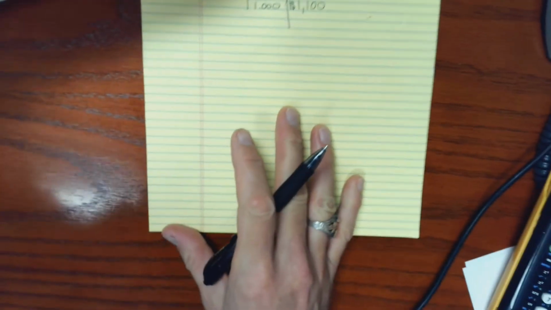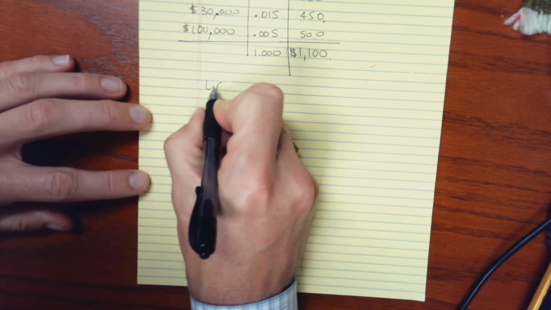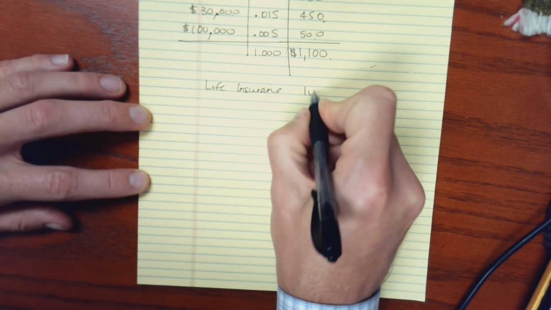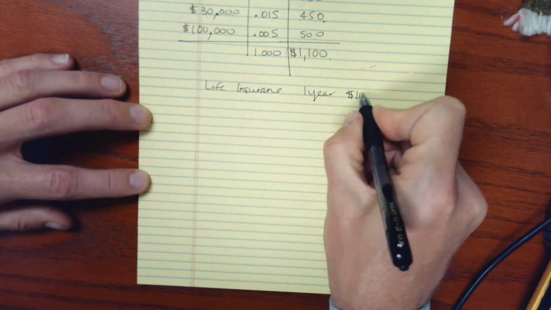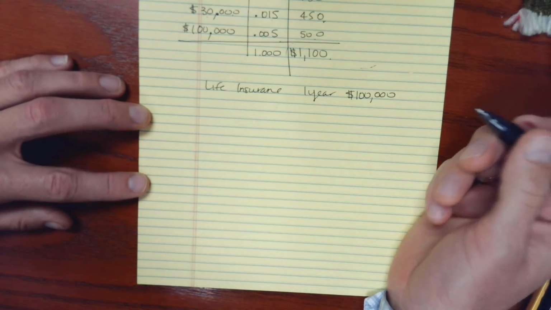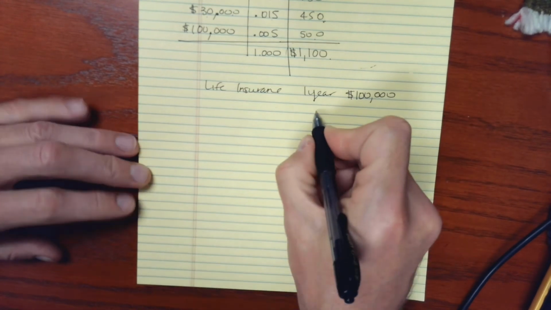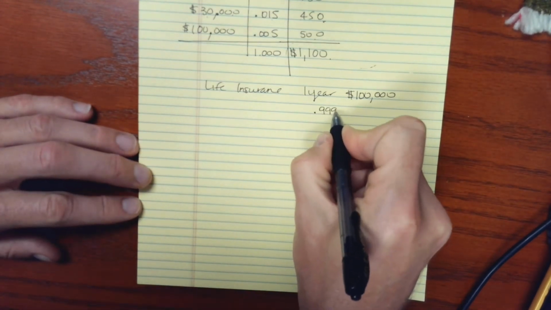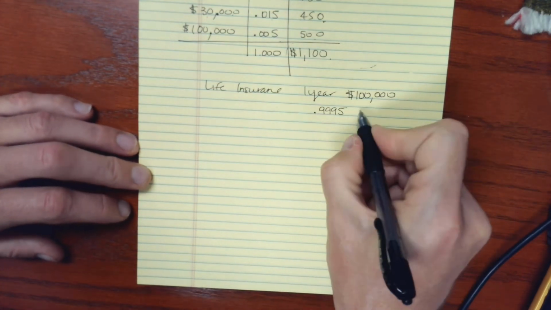In another example, let's look at a life insurance policy. This is going to be a one-year term life insurance policy, and let's say it's a $100,000 policy. For the person who buys this, let's say there is a 0.9995 chance that there will be no payout, which would mean the person lives.